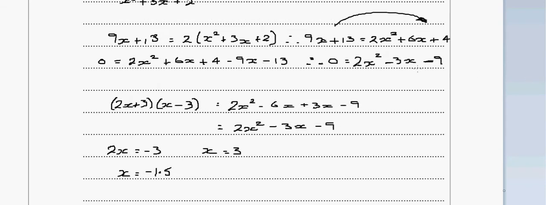Now there is another method, or there are several methods actually, of factorising this out. Okay, you could go 2 times 9 is 18. What multiplied by 18 will give you the 3x that you need, so that would be 6 and 3.